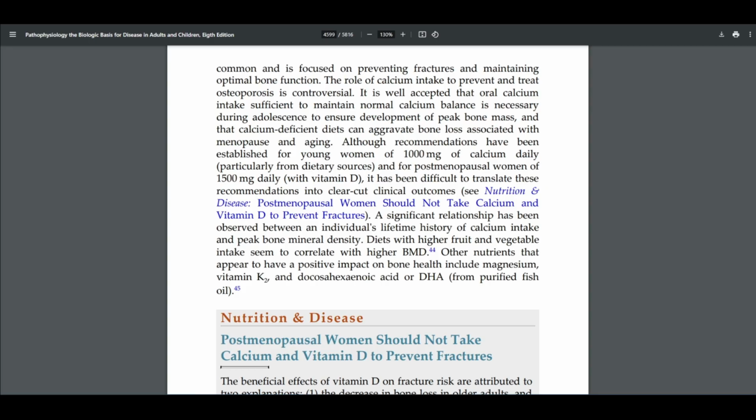Although recommendations have been established for young women of 1 gram of calcium daily and for postmenopausal women of 1500 milligrams daily, it has been difficult to translate these recommendations into a clear-cut clinical outcome.